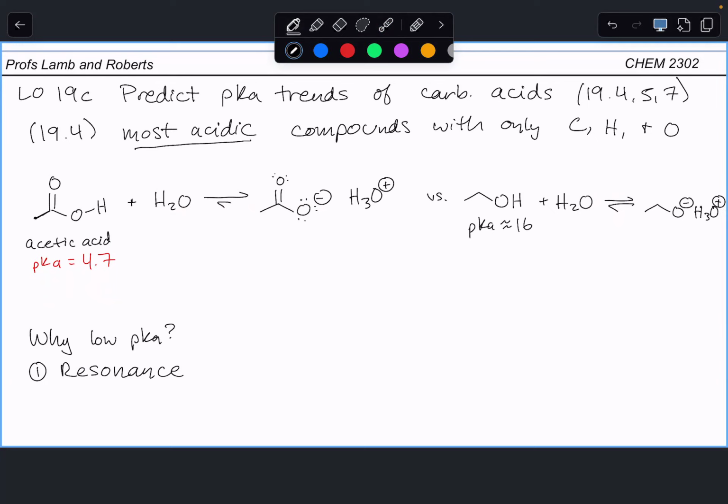Once we get to this deprotonated conjugate base, I can draw a resonance structure where I spread that negative charge between our two oxygens, like so.